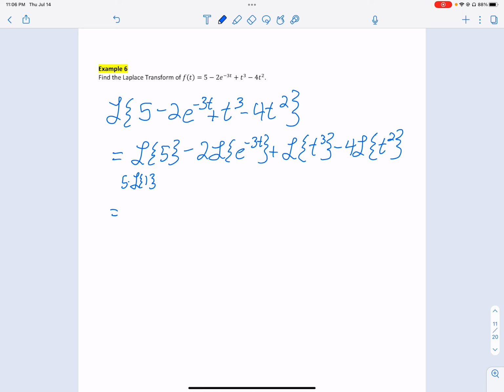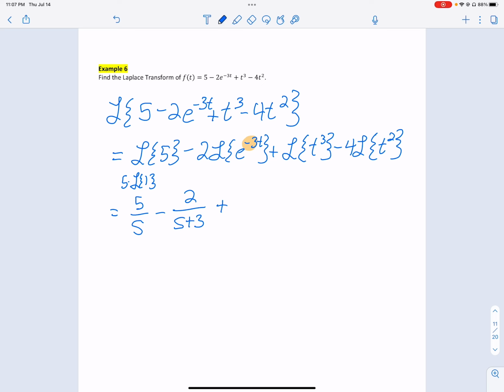Okay, Laplace of 1 was 1 over s, so this is just 5 over s, minus 2, and this was 1 over s minus a, so it's going to be s plus 3. I got that from the power there. It's s minus a on the bottom.